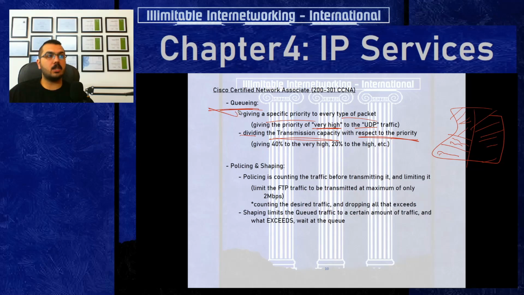Classification and marking do apply the rules, but queuing makes the rules: this one is very high, this one is medium, give 40% for the very high, give 10% for the low. So it divides the transmission capacity with respect to the priority, maybe 40% to the very high, 20% to the high, etc.